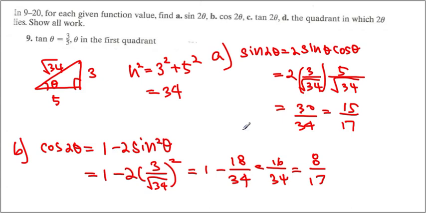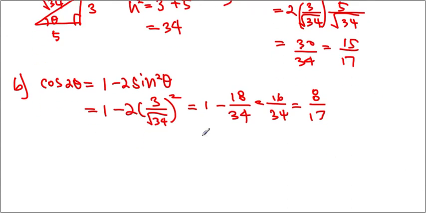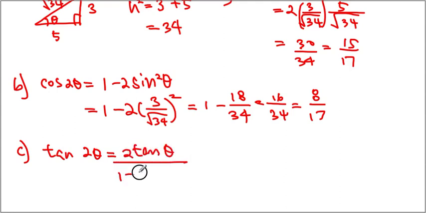Alright, let us move on to C. C is the tangent of 2 theta. Tangent of 2 theta is equal to 2 tangent theta over 1 minus tangent squared theta.